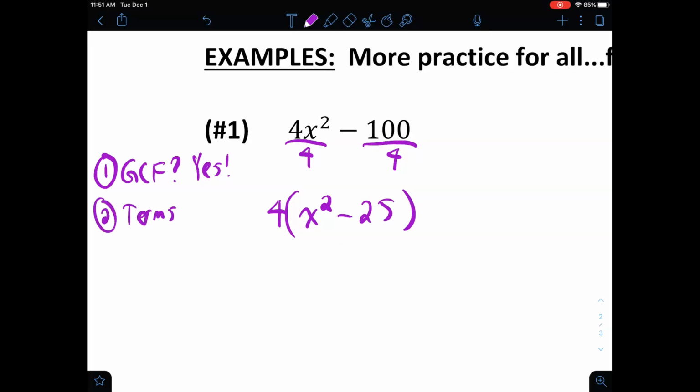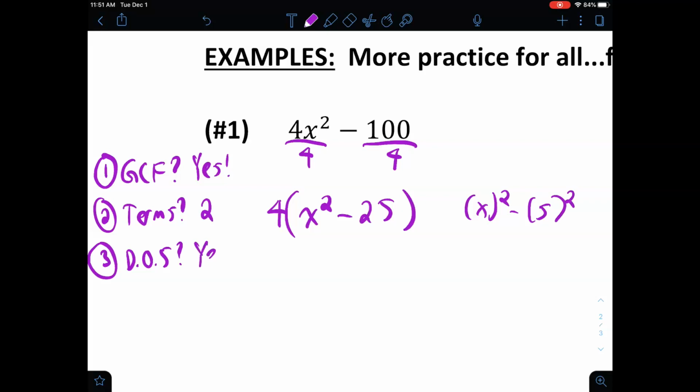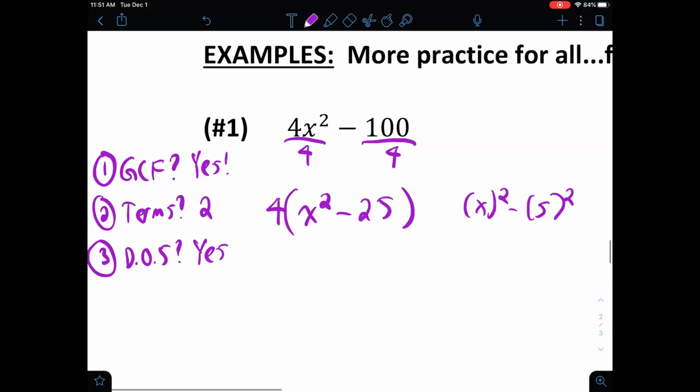Second step is to count the terms. Well, the number of terms right here is 2. After we check 2 terms, the only other pattern we can check for with 2 terms is difference of squares. In this case, we have 2 perfect squares. We have x squared minus 5 squared, which is, yes, a difference of squares.